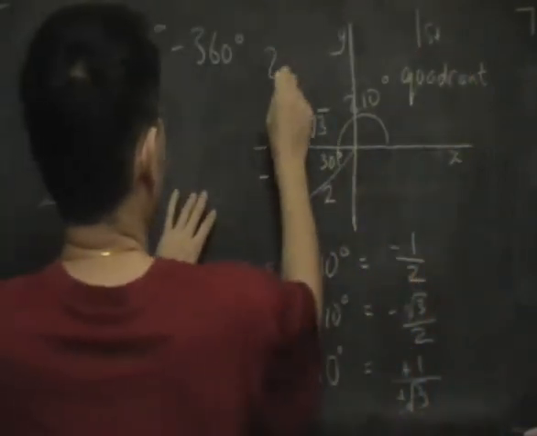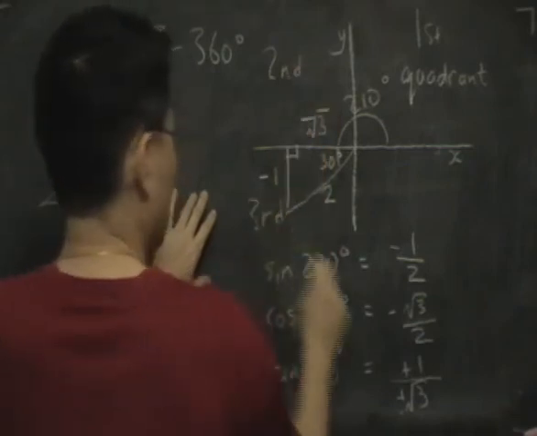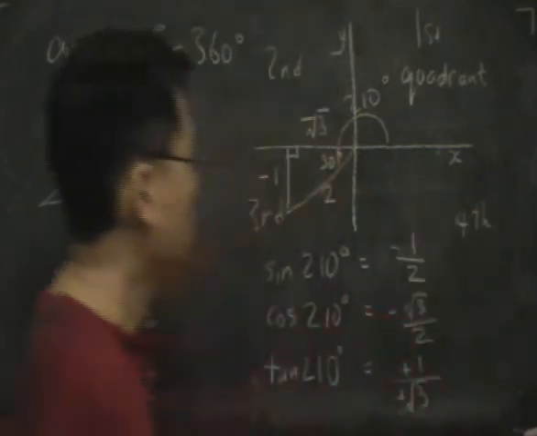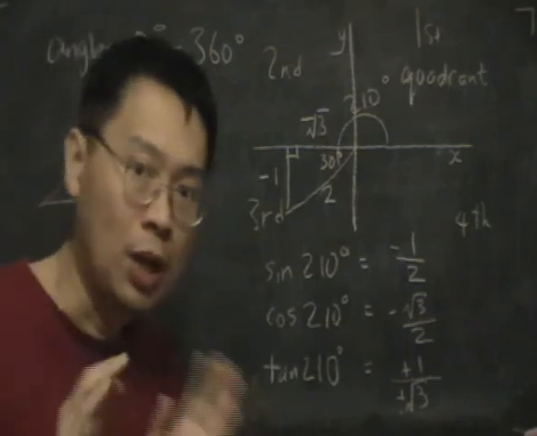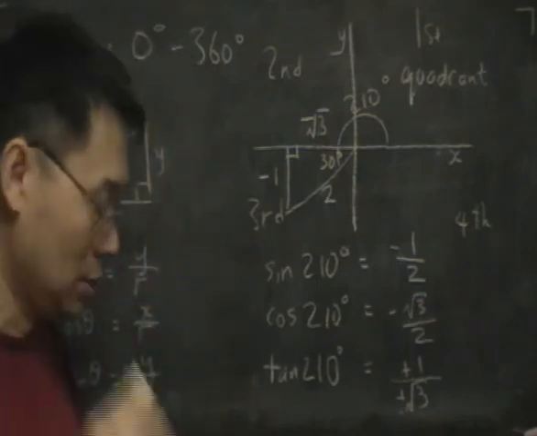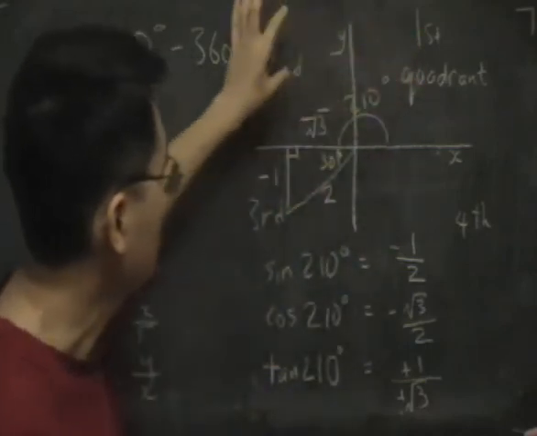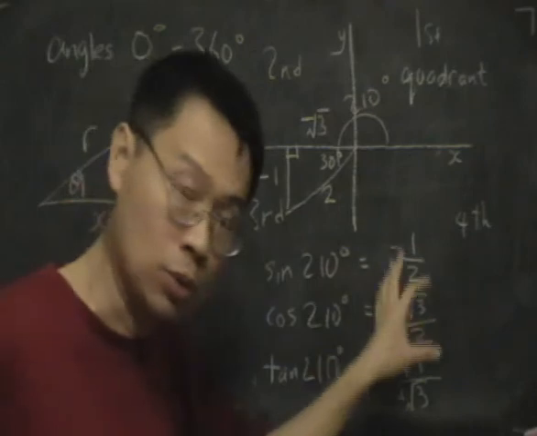This is called the second quadrant. This is called the third quadrant, and that is called the fourth quadrant. So we now understand how to find the sines and cosines in the first, the second, and the third quadrant. What about the fourth quadrant?